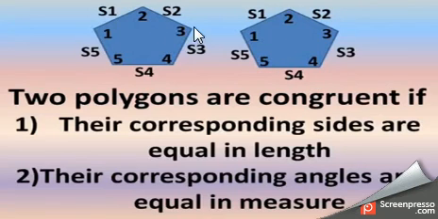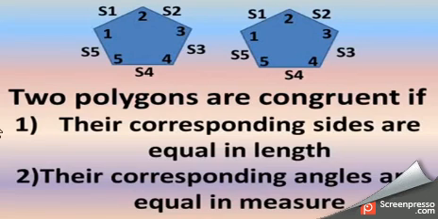If all of these sides equal all of these corresponding sides, we should state these two conditions. Two polygons are congruent if their corresponding sides are equal in length and their corresponding angles are equal in measure.